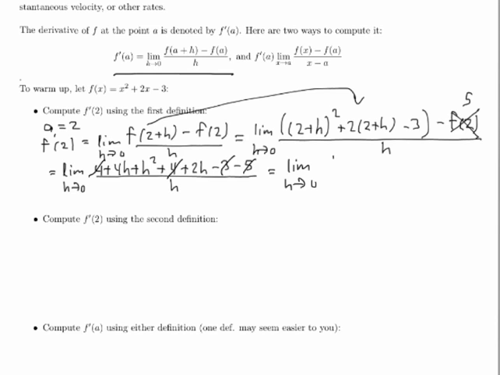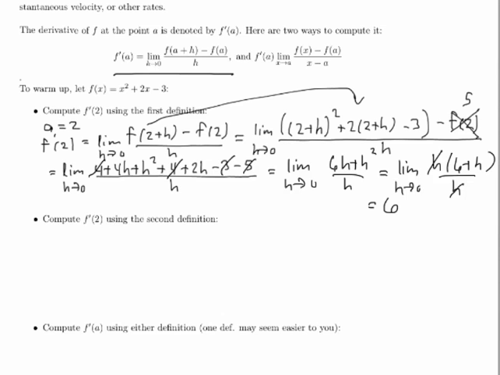So cleaning up, we have 6h plus h squared divided by h. Now we can factor an h out of the top. Now as h approaches 0, we can just use direct substitution to see that this limit is 6.